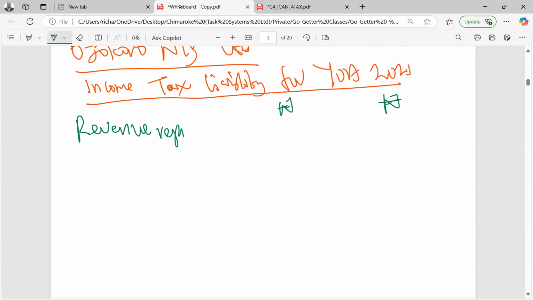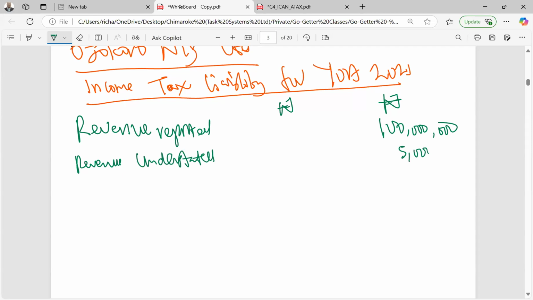Revenue reported was 100 million. Revenue understated, that was not reported, 5 billion.